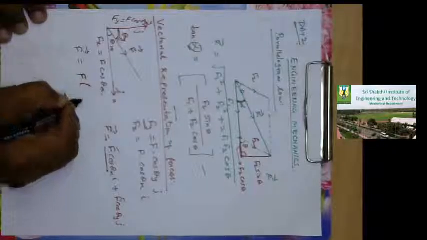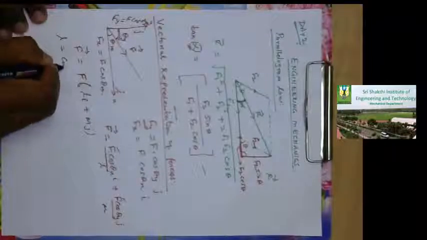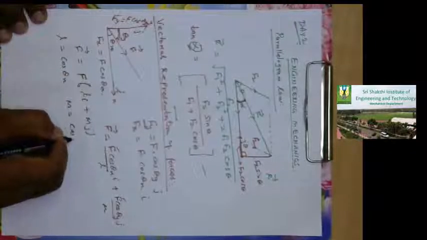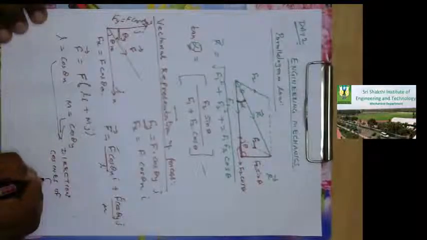Taking this F common and putting the rest in a bracket, with F outside, I put theta x as L and theta y as M. So this will become Li plus Mj, where L is cos theta x and M is cos theta y, and these two are called direction cosines of forces.